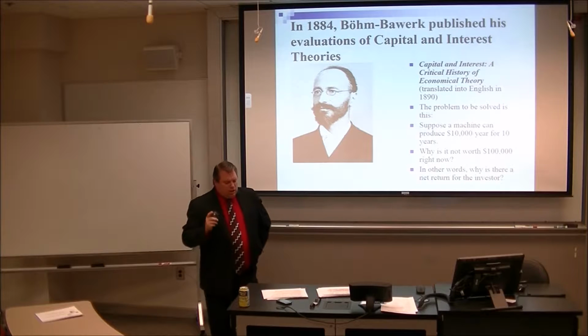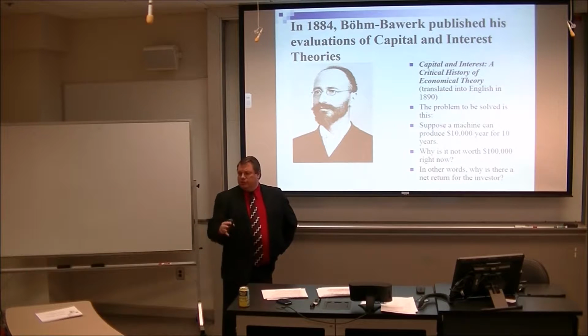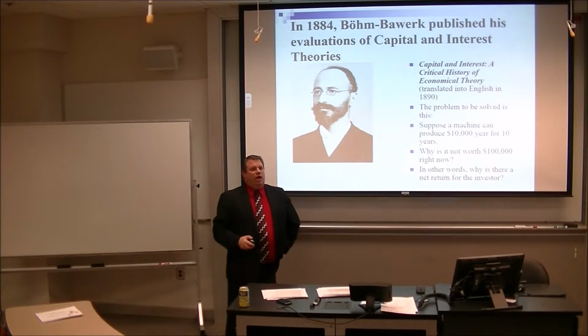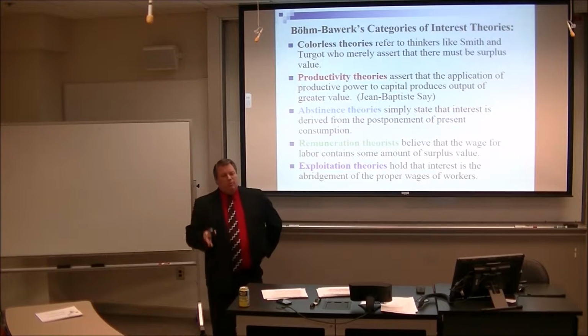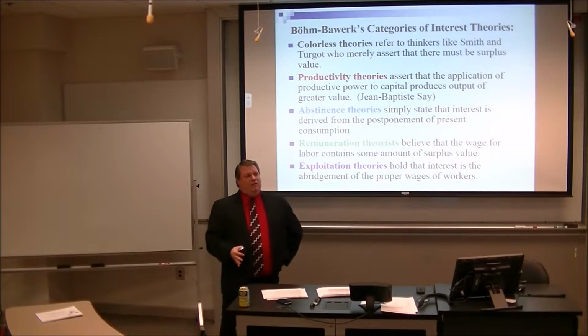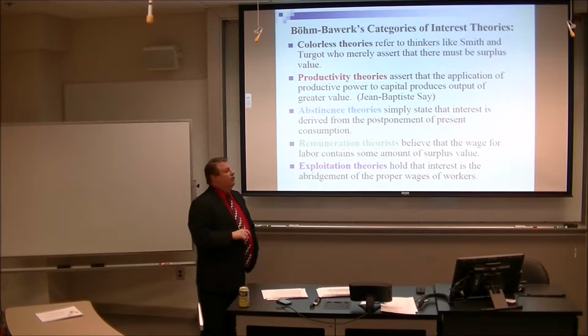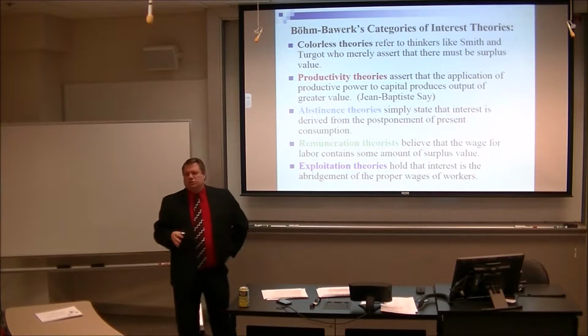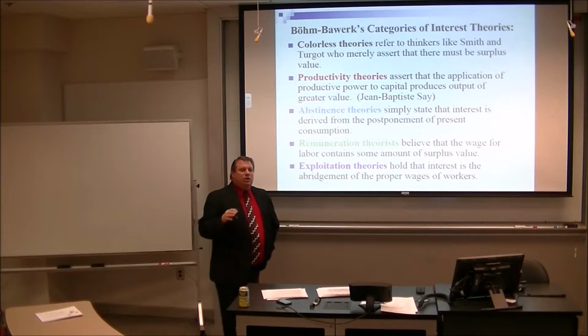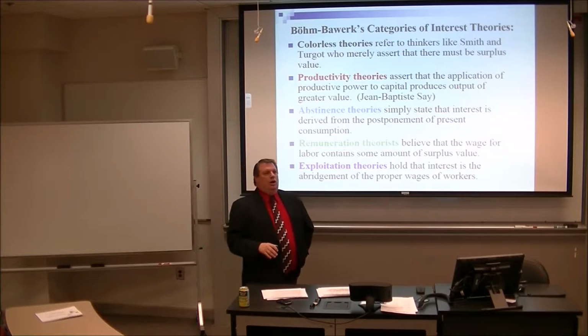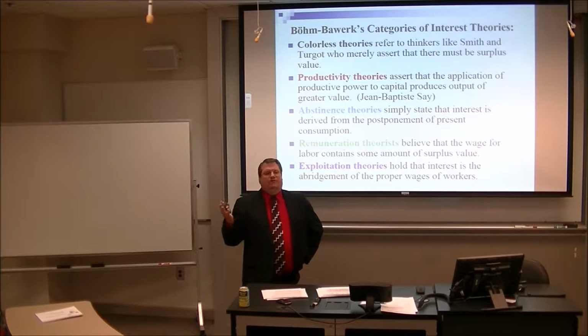And so in his first volume, it's a history, it's a survey. What did other people say? And so Böhm-Bawerk then gives us these 5 categories of different theories throughout history. He said the first one he refers to as the colorless theory. They refer to thinkers like Adam Smith, Turgot, and these guys just merely assert that, well, there just has to be surplus value.